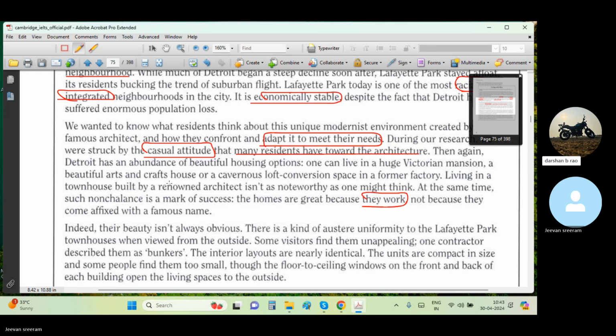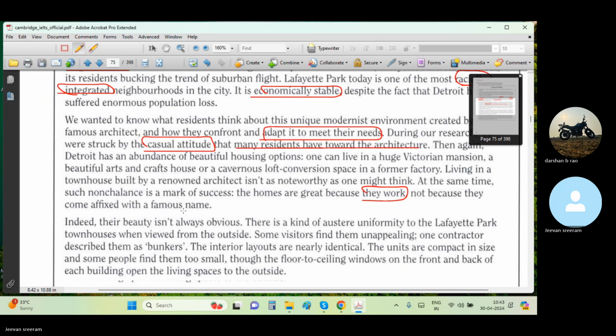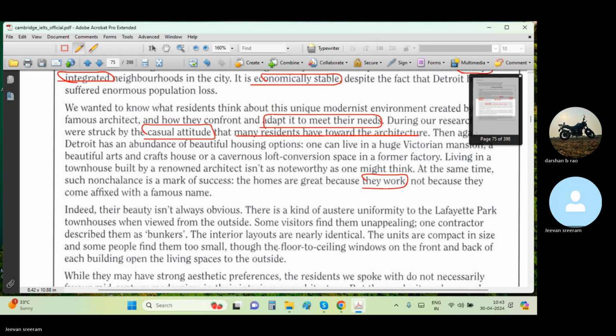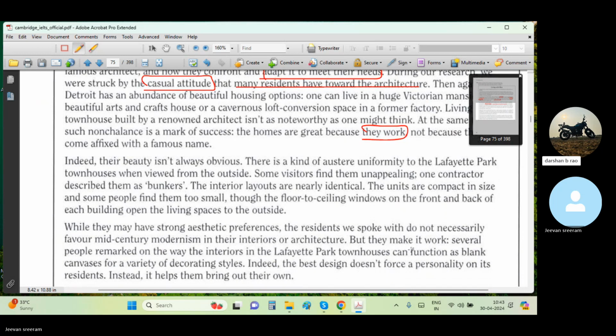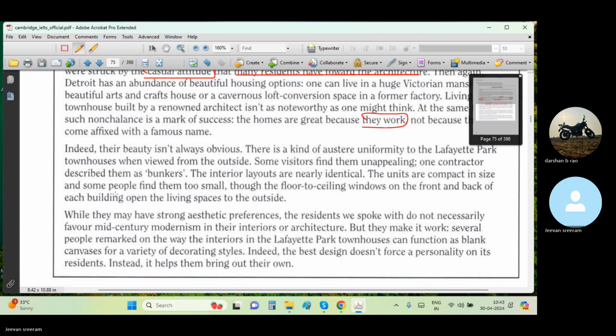Adapt. We got the word function as blank canvases.